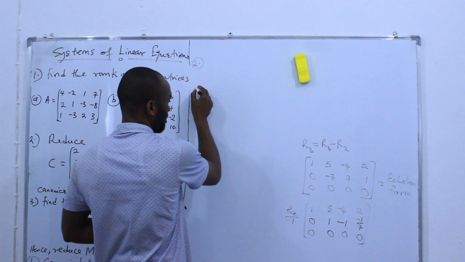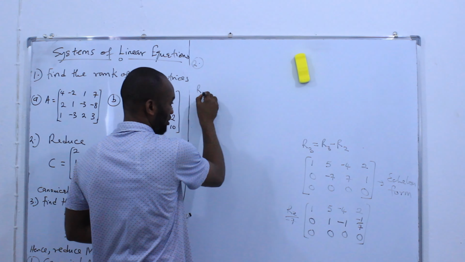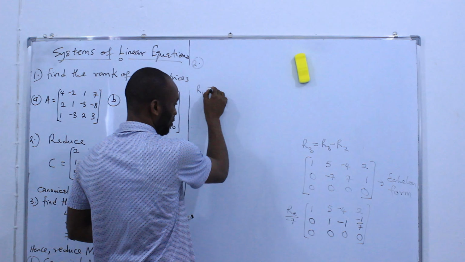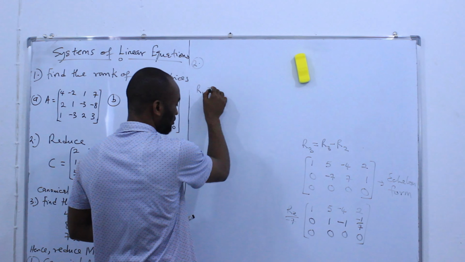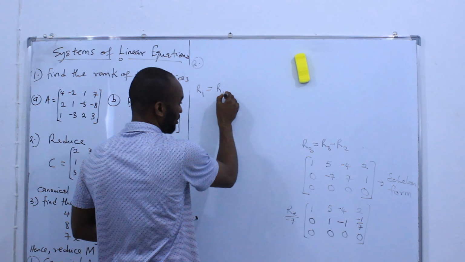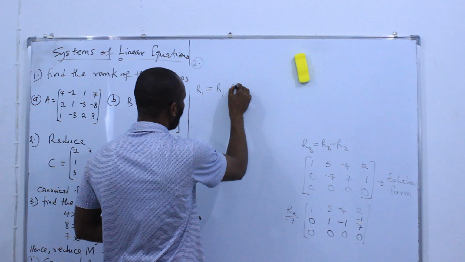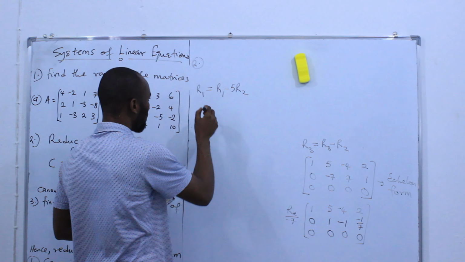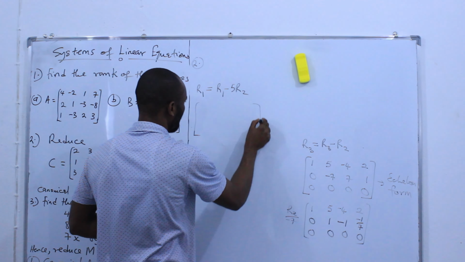So that will be R1 equals R1 minus 5 R2.